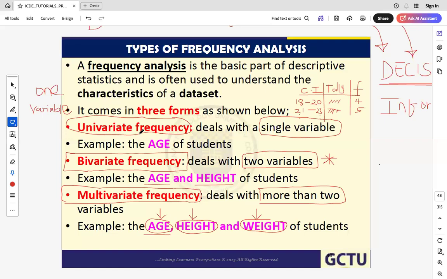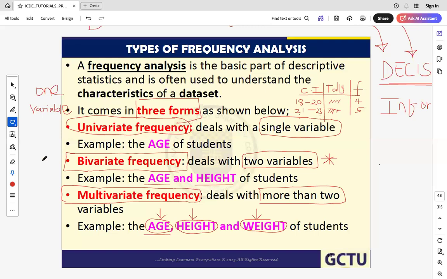In other words, anytime you do the kind of table I showed you, it means you are considering only one variable data and you are trying to pick information from it. We want to go beyond the uni because there are 3 forms of frequency analysis. The first one is what you know, the univariate frequency analysis.